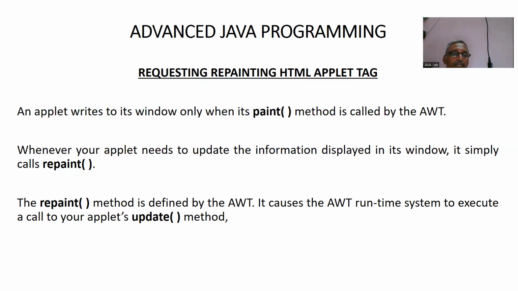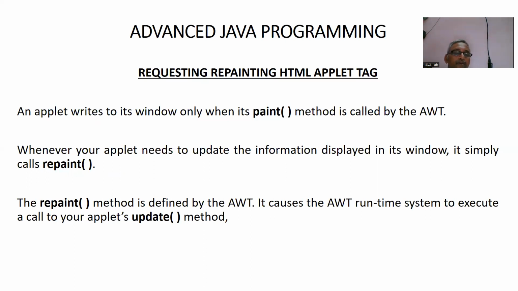It causes the AWT runtime system to execute a call to our applet's update method, which in its default implementation calls the paint method. Thus, for another part of our applet to output to its window, simply store the output and then call repaint.